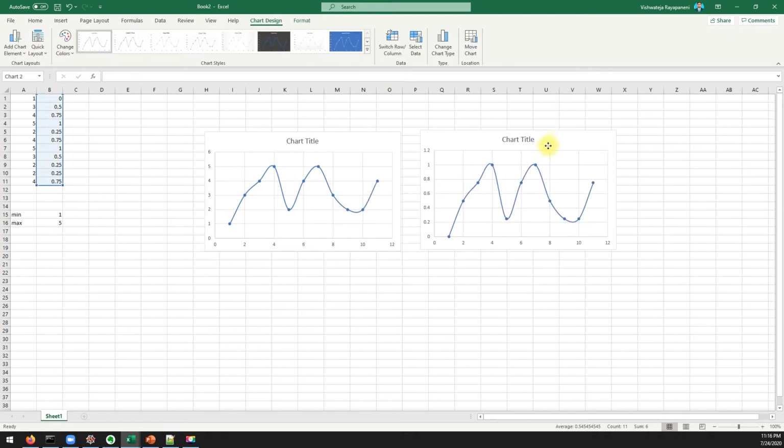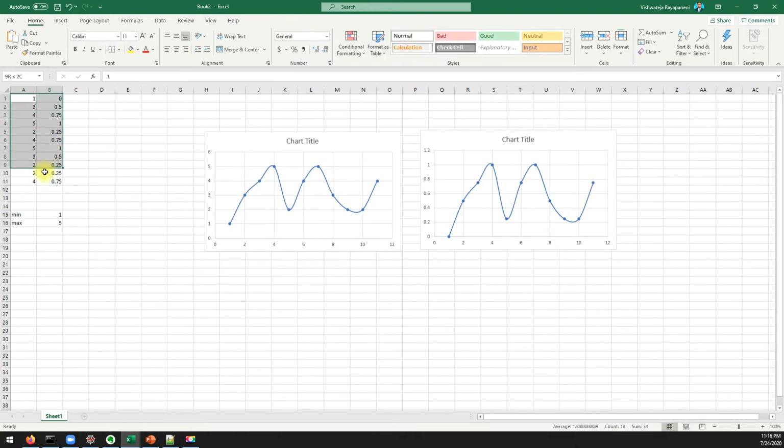Don't you think this distribution looks almost similar? There are a few variations, but the curve is almost the same. So normalization makes sure your distribution is almost the same even after normalization, but it shrinks your values between 0 and 1.